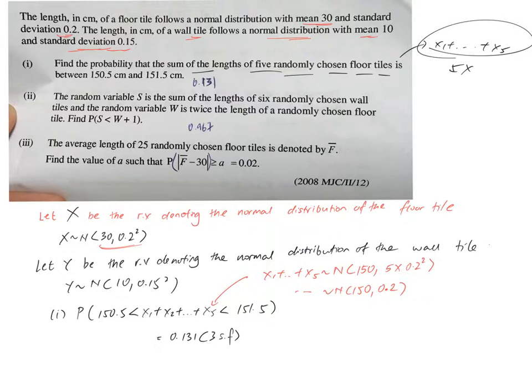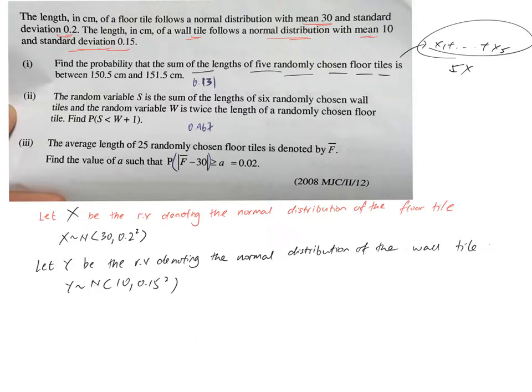Okay, let's look at part 2. Find the random variable S, the sum of the length of 6 randomly chosen wall tiles, and the random variable W, which is twice the length of a randomly chosen floor tile.